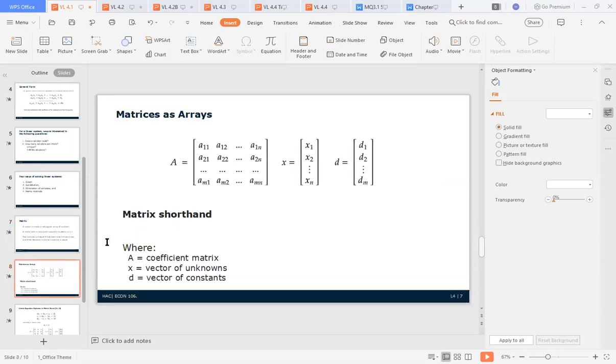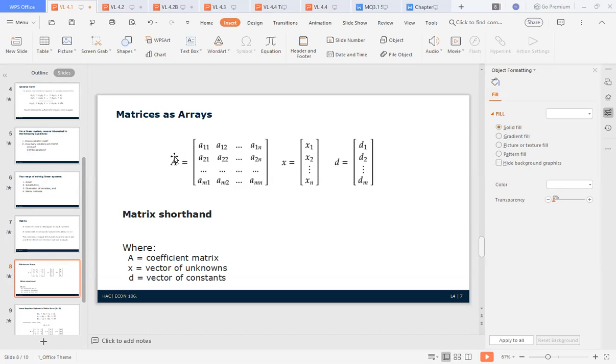Moving forward, there are three types of ingredients in the equation system. We have a set of coefficients, we have also a set of unknowns, and we have a vector of constants.